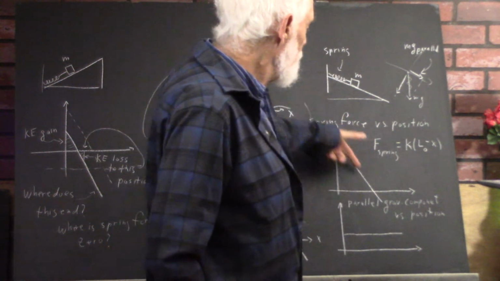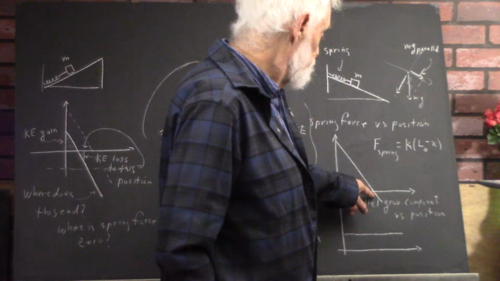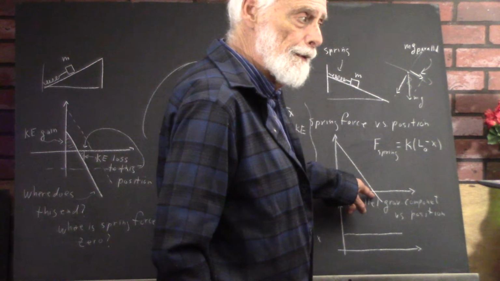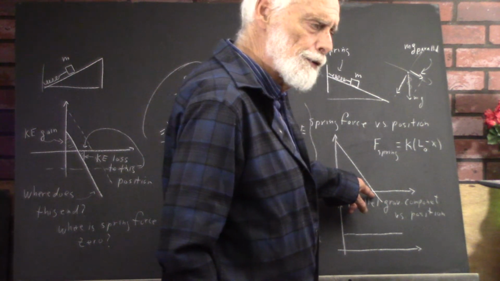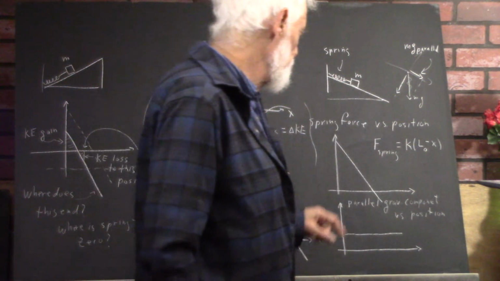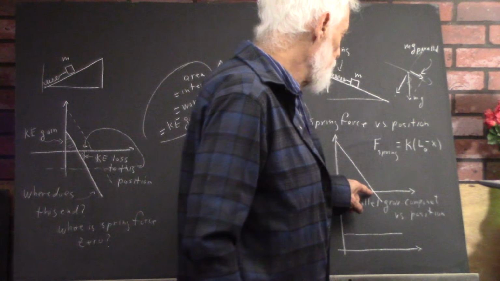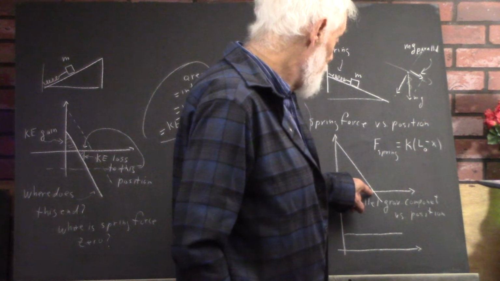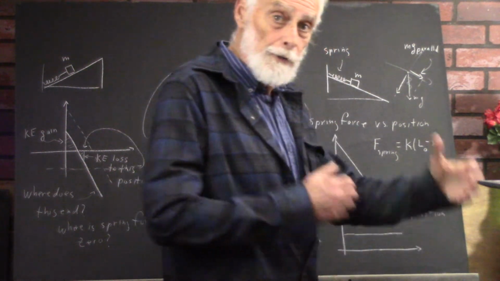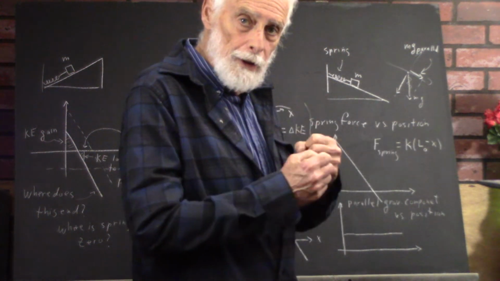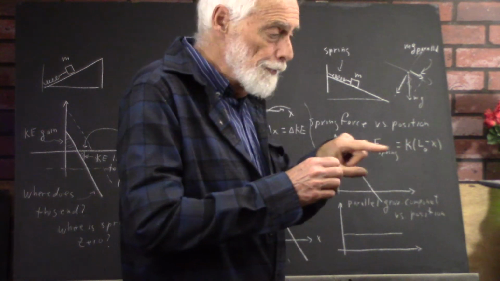Now, if you go beyond the unstretched, uncompressed length of the spring, that's where the spring exerts no force. Then it starts exerting a negative force, because you go beyond that and you're stretching it and it's pulling back. So you start out compressed with a positive force.